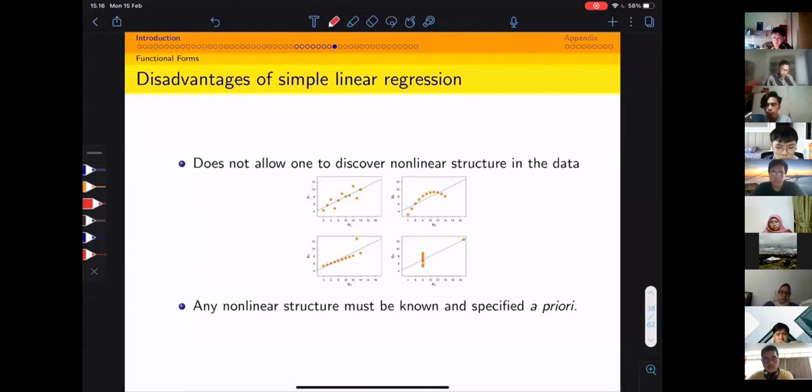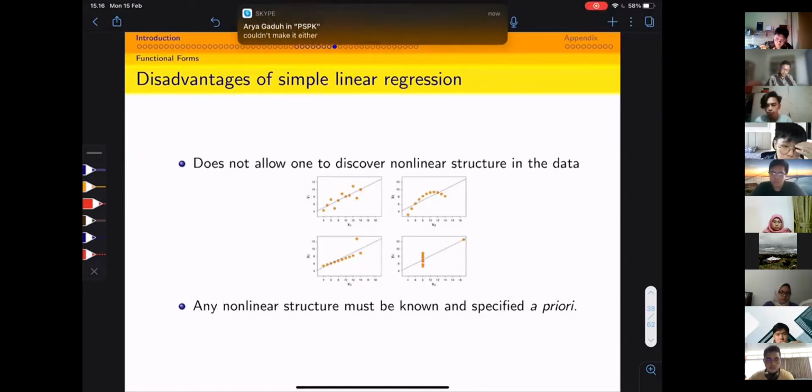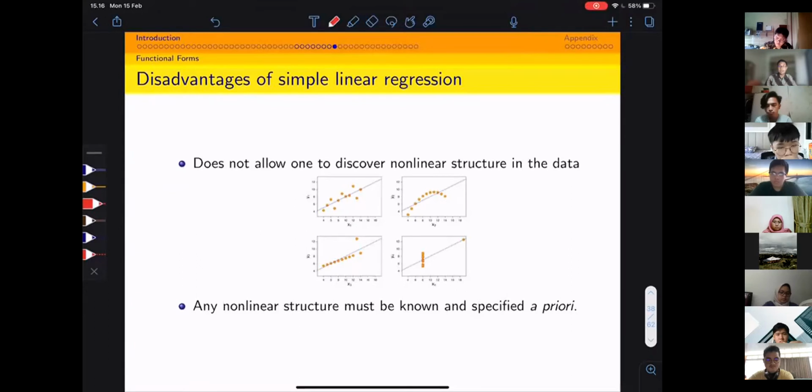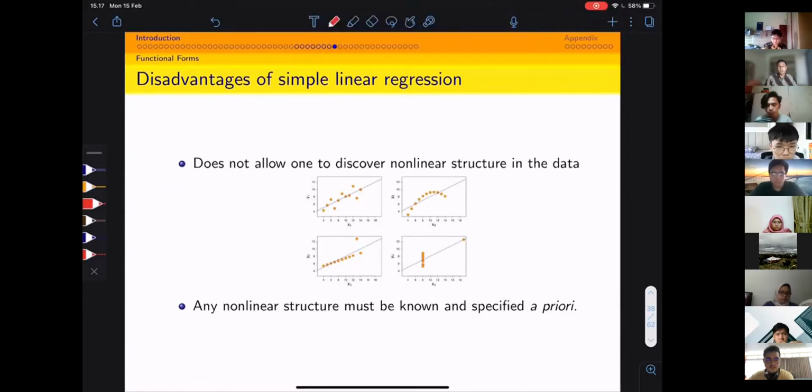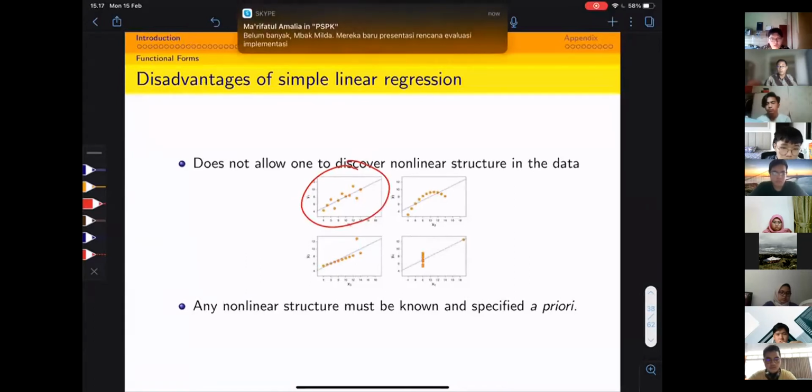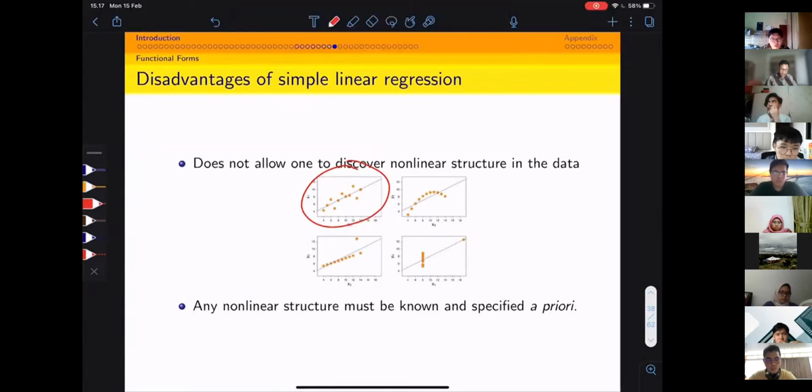All right, so what are the disadvantages of simple linear regression? There are some disadvantages. The first one is that it doesn't allow one to discover nonlinear structure in the data, okay? For this example, it's quite straightforward, it has a positive relationship.